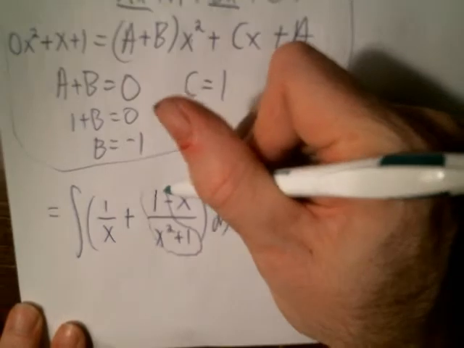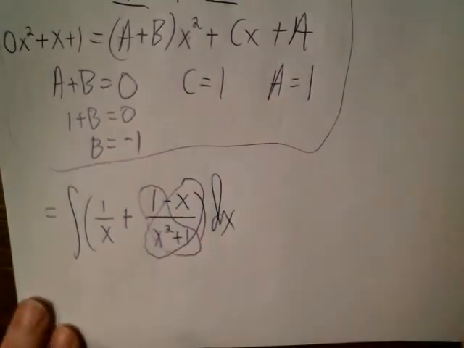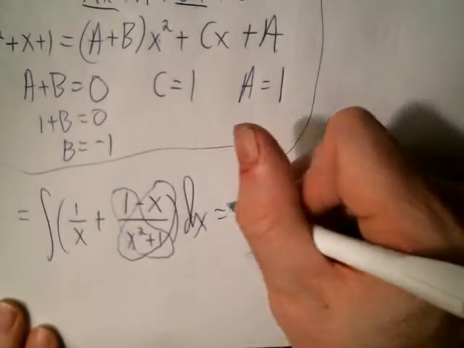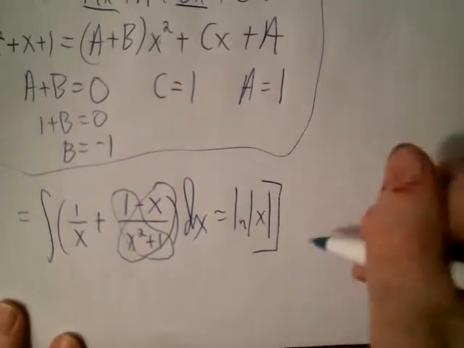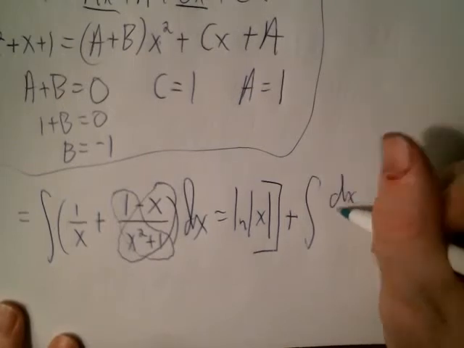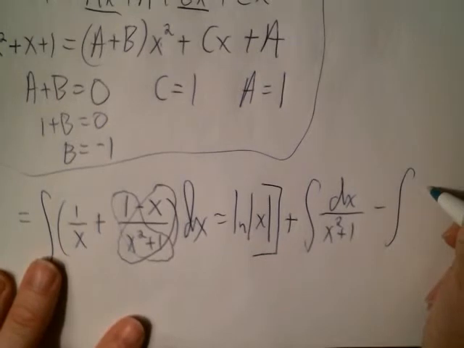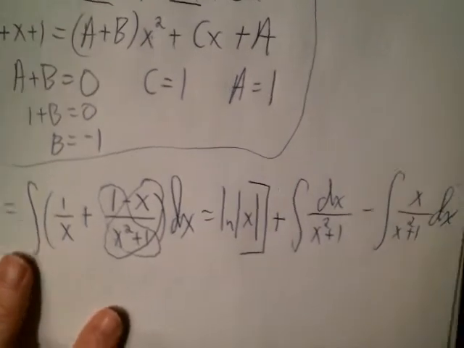There's kind of this inverse tangent guy there, and then a bit of a natural log there. Okay, so let's integrate the first part, ln absolute value of x. You have to remember to evaluate that, plus the integral of dx all over x squared plus 1, and then minus the integral of x all over x squared plus 1 dx.